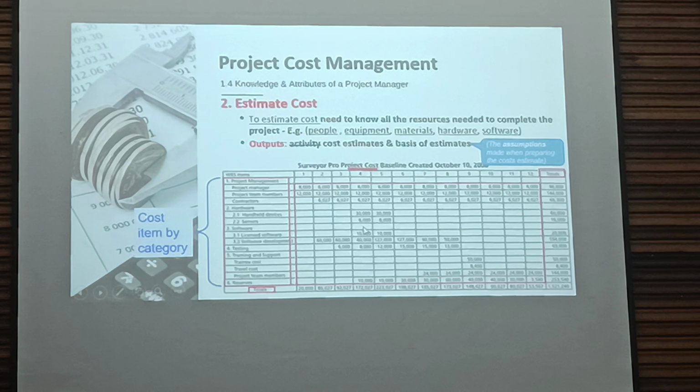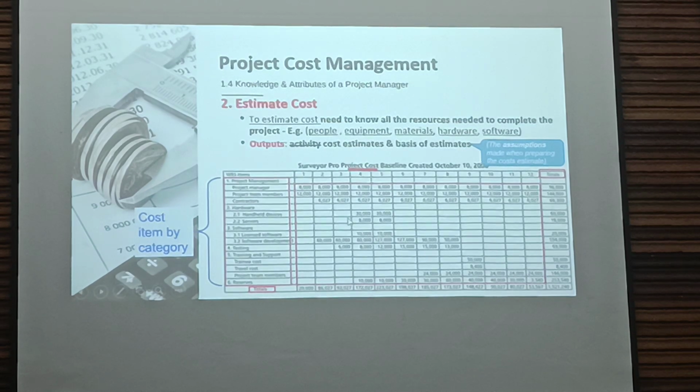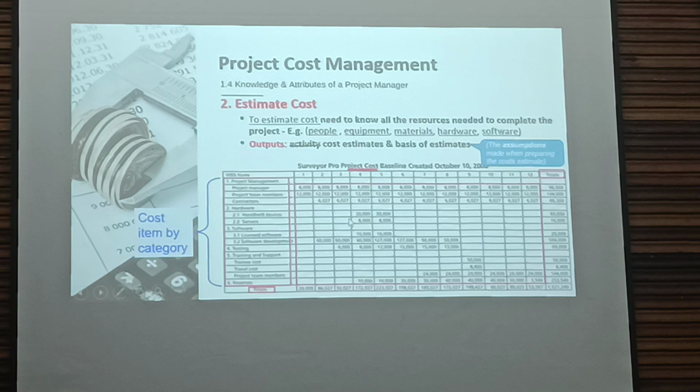Or the assumption can be you buy the first server in April, then you buy another server in May. So when people ask you why 8,000, 8,000, you have to explain. Why is there no cost here?